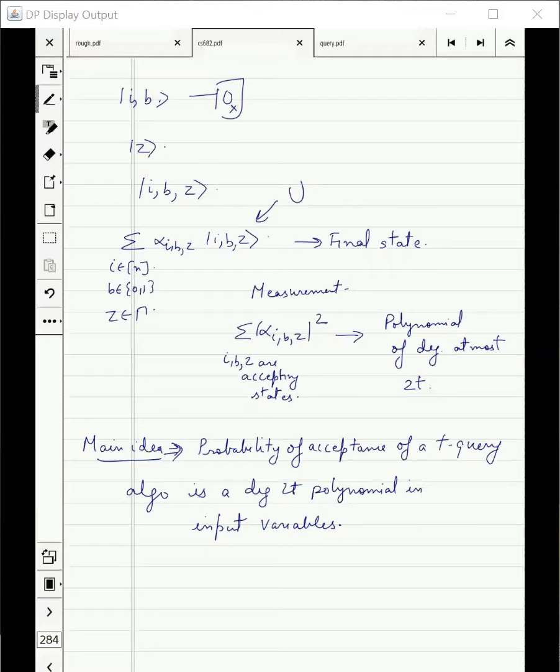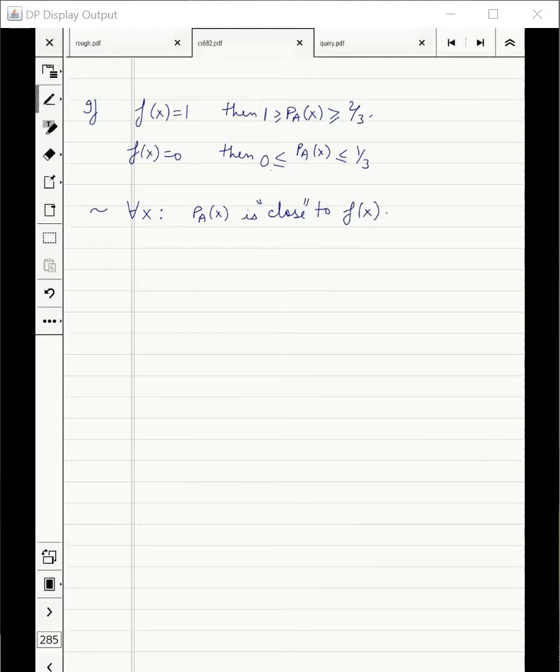If you look at this, this is saying that for all X, PA of X is close to the function value. I have to more formally define close, but this is what the statement is saying.